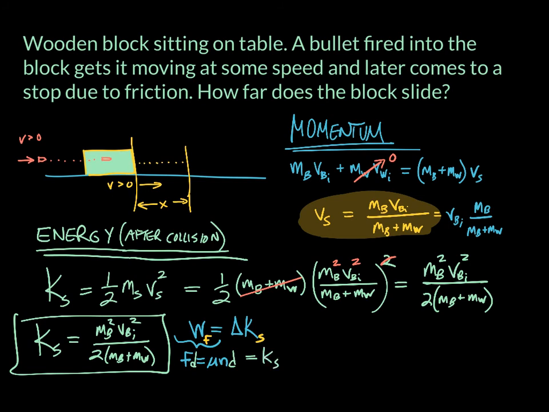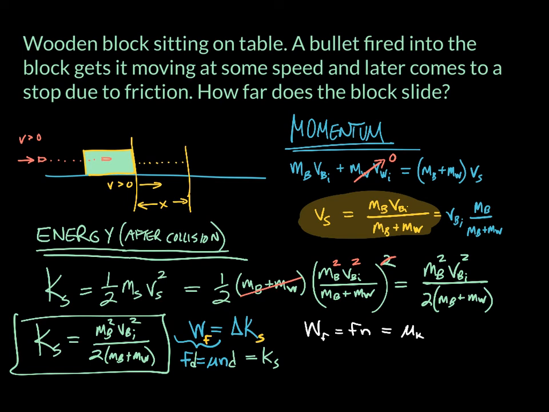All right. So the work done by friction will be that force of friction times d. Force of friction is going to be mu, and since it's moving, it's mu sub k. You might remember that in the reading.